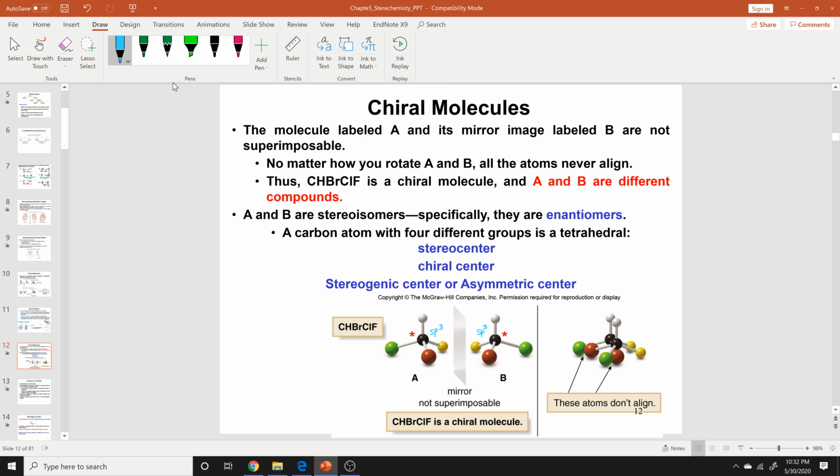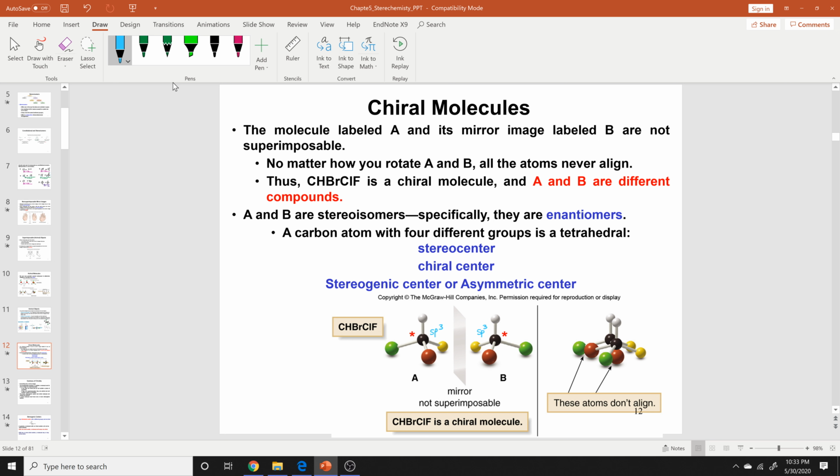So if I have one chiral center, and I draw a mirror and look at the image of that carbon, I would end up having another molecule, B. No matter how I rotate A, if you want to align its bonds with B, there is no way I can have the bonds of A aligning with the bonds of B. So this means that A and B are completely different compounds.